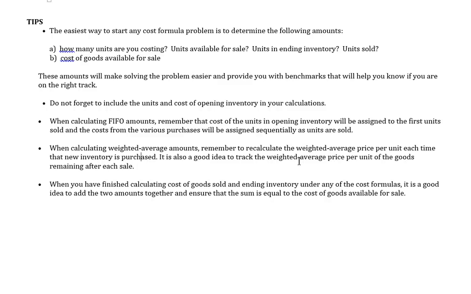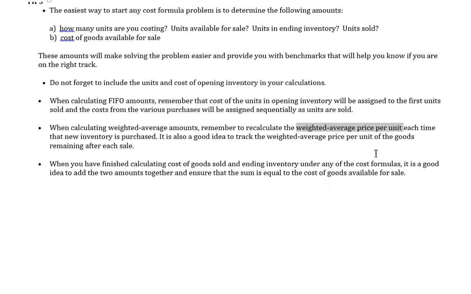Those goods are going in at cost, but they're going to come out of inventory at the weighted average cost. So when you're doing a weighted average cost calculation, particularly when it's perpetual, when you sell, it's going to come out at the most recent weighted average cost. So under a perpetual system, you have to make sure that you're perpetually updating your weighted average price per unit every time something goes into inventory.